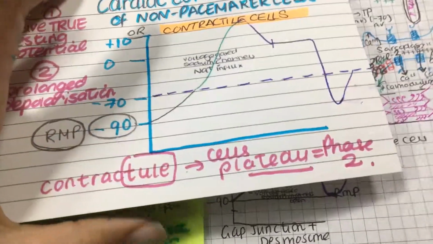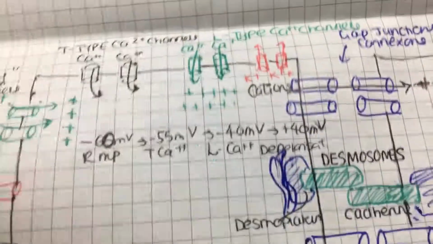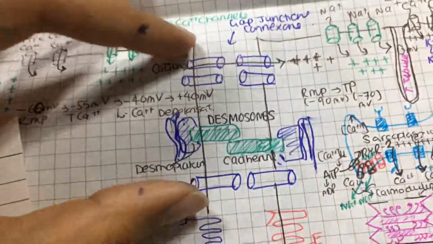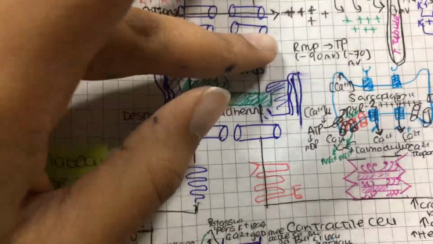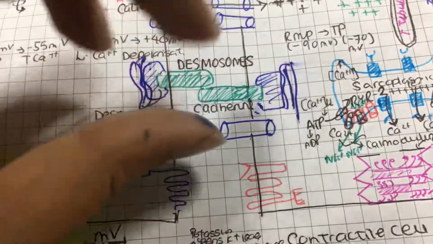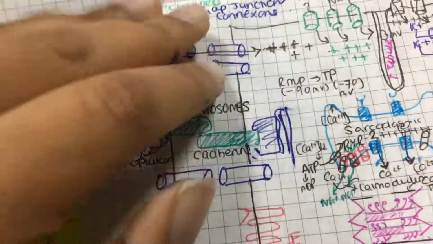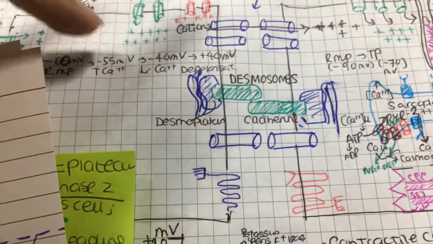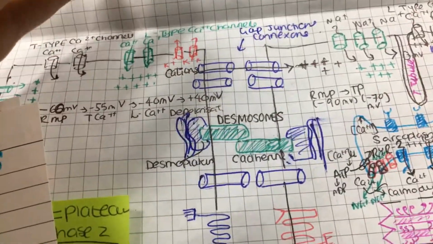Now, due to intercalated discs, there are connections existing between the nodal cells and the contractile cells. These connections are known as gap junctions, which are composed of intercalated discs. These intercalated discs allow the transfer of cations such as Na plus, calcium and potassium to a contractile cell.